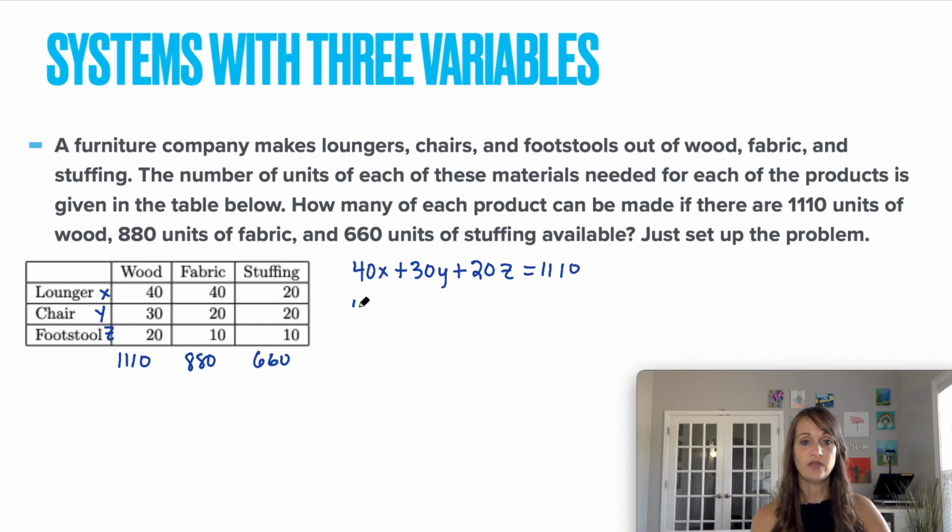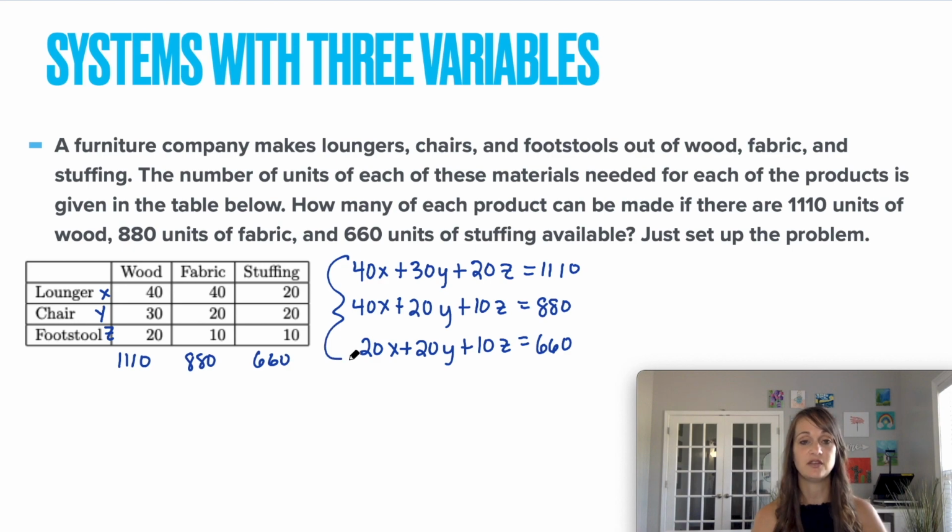We also know that 40X plus 20Y plus 10Z equals 880. And we know that 20X plus 20Y plus 10Z equals 660.